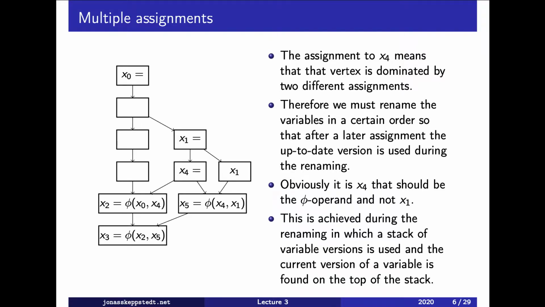Before that, I will say what happens when we come to the end of a vertex. We can start here. Now we come to the end. We have processed all the 3-address code instructions, and we check in each successor if there is a phi function.